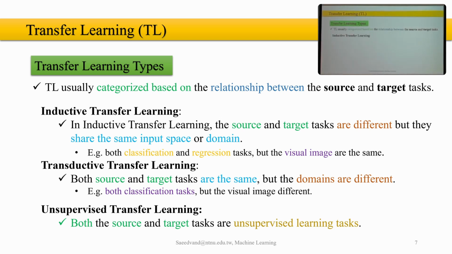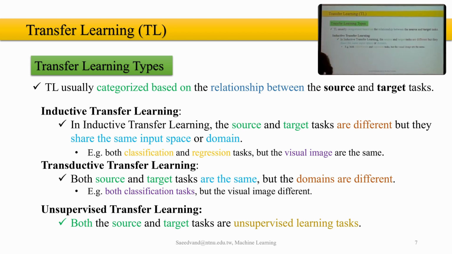First of all, we have inductive transfer learning. In inductive transfer learning, the source and target tasks are different, but they share the same input space or domain of data.